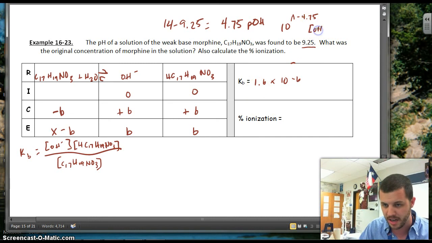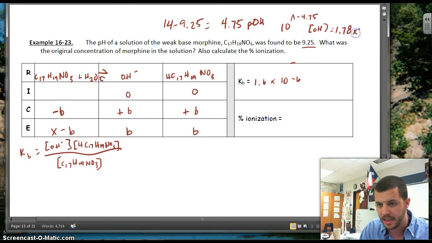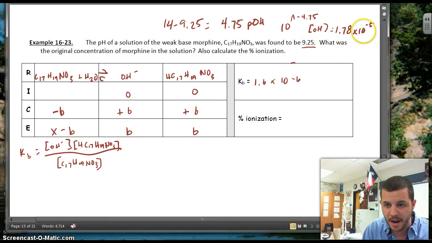So on the calculator, second log negative 4.75, enter. I have an OH value of 1.78 times 10 to the negative fifth power. So that means that B is this number, 1.78 times 10 to the negative fifth power.